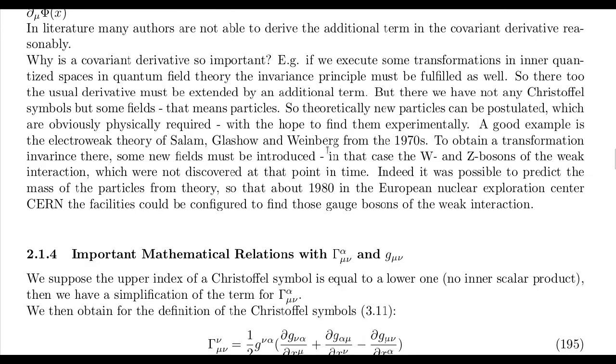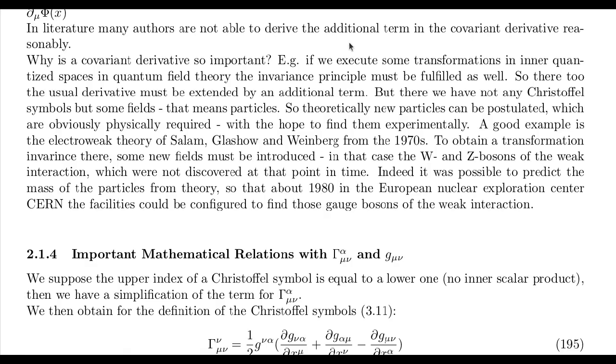Another word on the covariant derivative. In quantum field theory and gauge theory, the covariant derivative is introduced to keep the transformation invariance in the formalism. And so in electromagnetism, we introduce the gauge field, the photon field, with the covariant derivative.